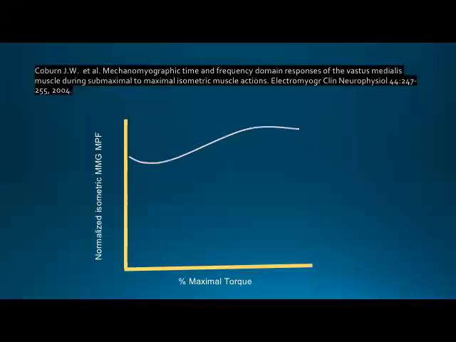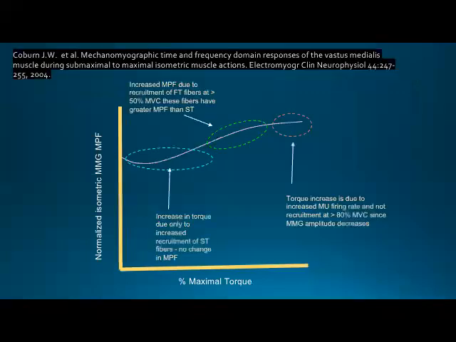Then at 80%, I'm going to skip to my next slide because I think I messed up that one a little bit. At 80%, we see that line doesn't go down like we saw in our amplitude. It actually stays about the same or maybe goes up a little bit. So our firing rate actually continues to increase past 80%.